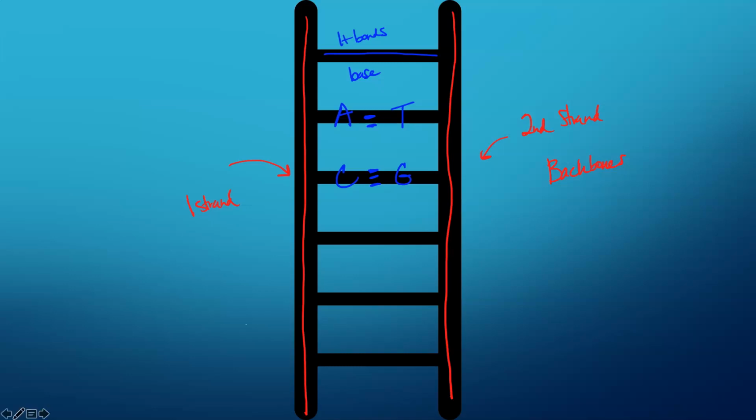Now if we take a close look, what exactly do the sides of the ladder even look like? Okay, now the sides of the ladder are made up of the sugars and the phosphate for each of those monomers that we looked at. So obviously this is not going to be drawn with the full structure or even to scale, but in other words, what you can imagine is if there's a phosphate right here, I'm going to represent it this way, then that would be bonded to the sugar molecule.